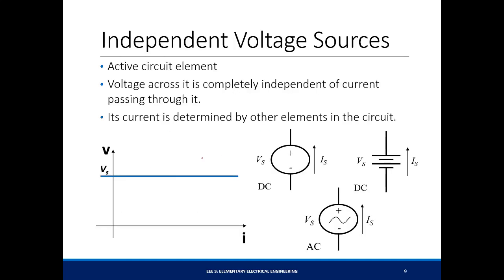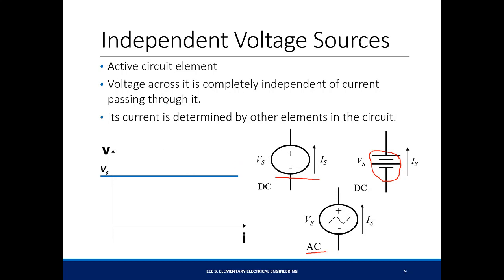So next is your independent voltage source. This is an active element mainly because the current normally flows from your negative to positive, or the current can flow from your negative to your positive, which is represented by these three figures right here. For this sign right here, this is your AC voltage source. This is the representation of a battery, and this is your general voltage source.